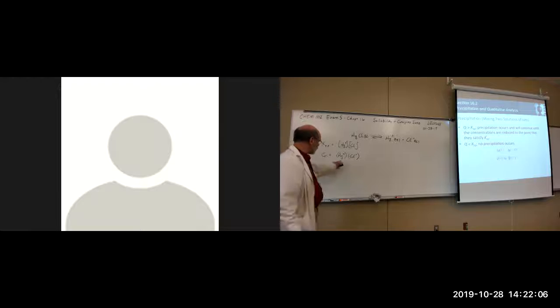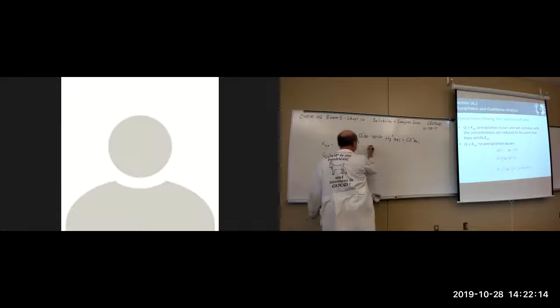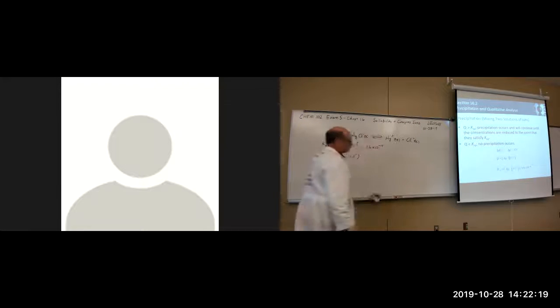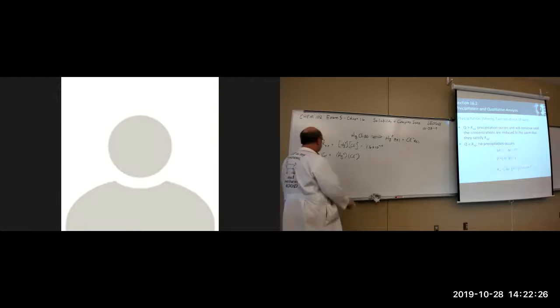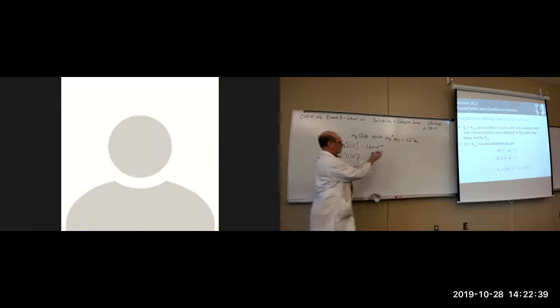So if Q is this expression, and KSP is, in this case, 1.6 times 10 to the minus 10, then how do we know that if Q is greater than KSP, we get a precipitation? What does Q say? Q says silver ions times chloride ions, actual concentration, right? This one times that one.